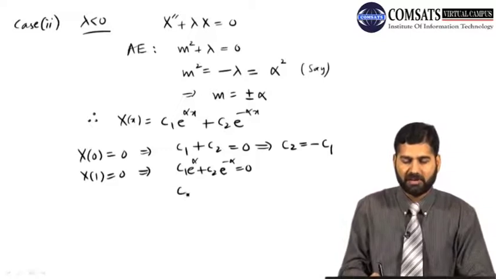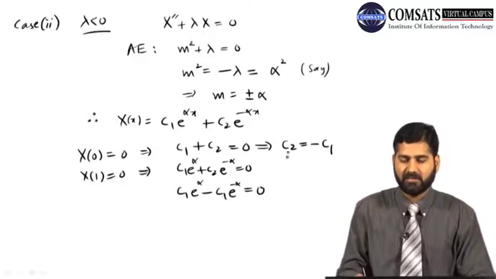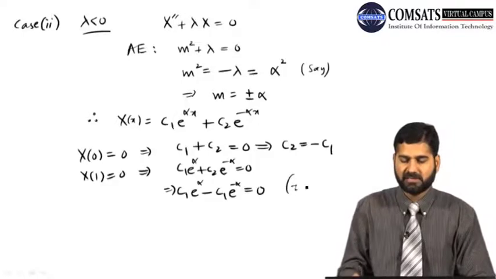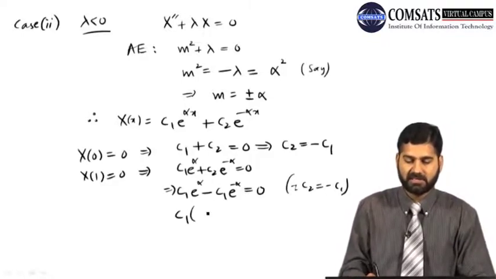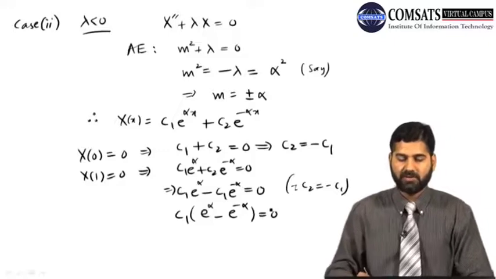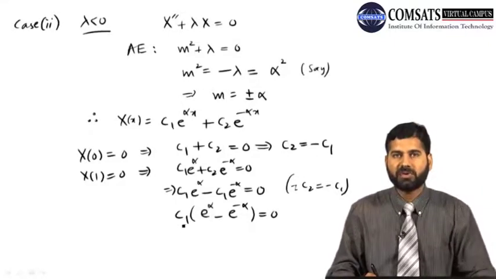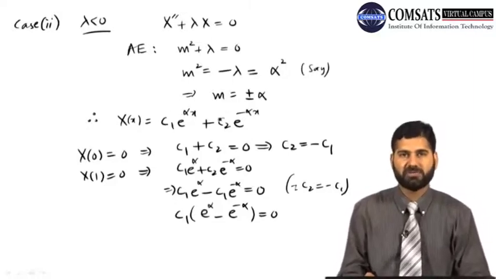If I replace c2 with minus c1 here, since c2 is equal to negative c1, c1 is a constant, so c1 times (e^alpha minus e^(-alpha)) is equal to 0. Now if c1 is equal to 0, then c2 will become 0, and this whole solution will become 0.